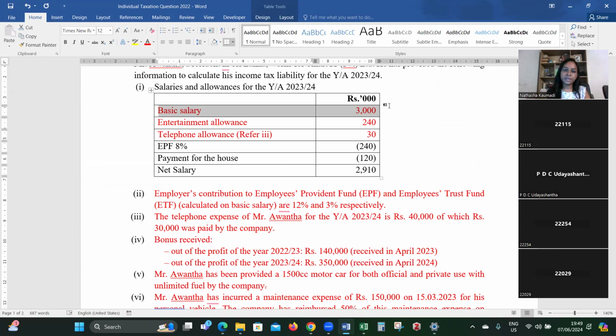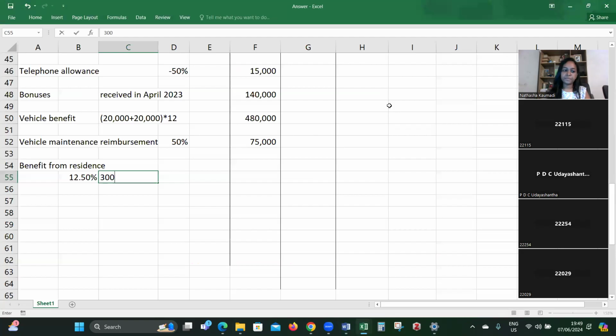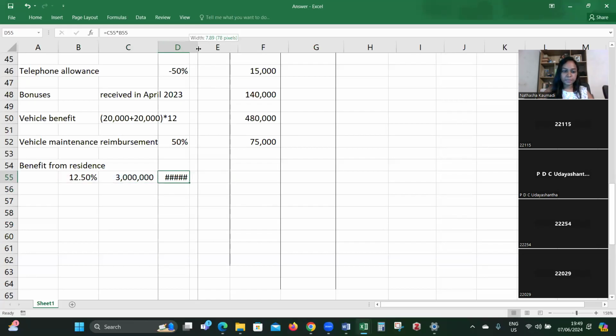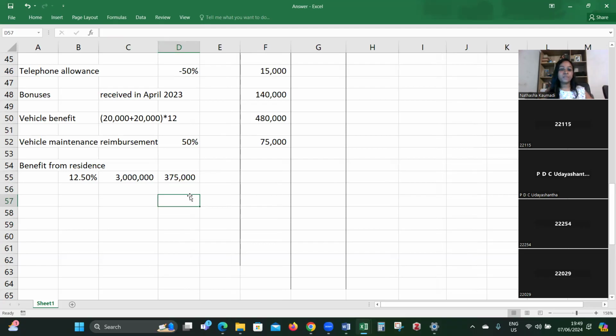So you can directly take 3 million rupees. Now what is that amount? 3 million into 12.5% is 375,000, right? But now that is the benefit. That is correct. That is the benefit from the residence.